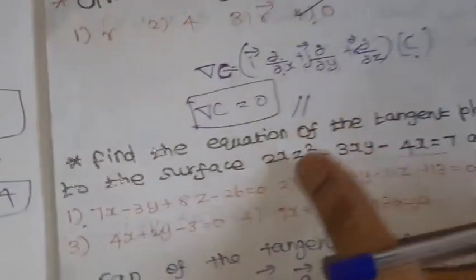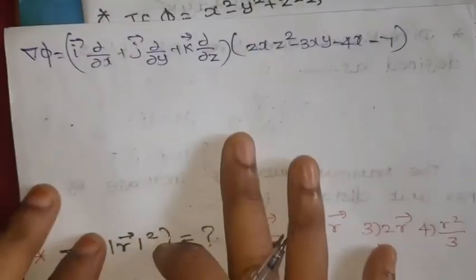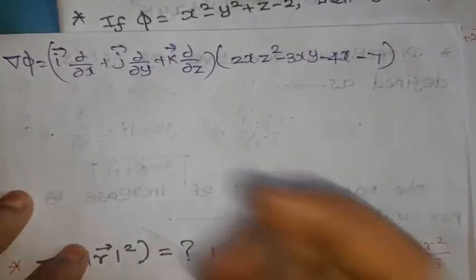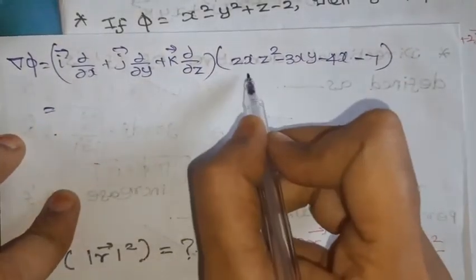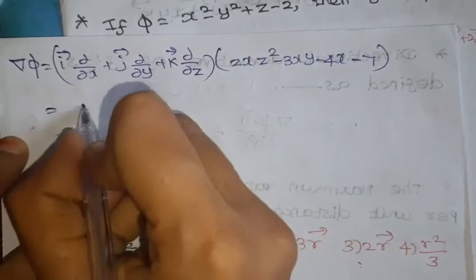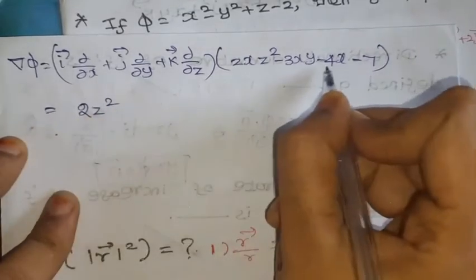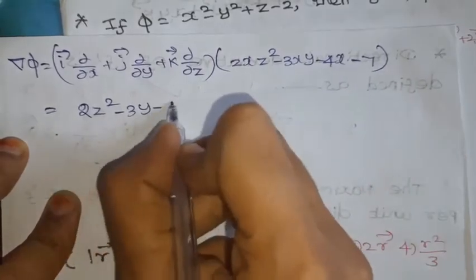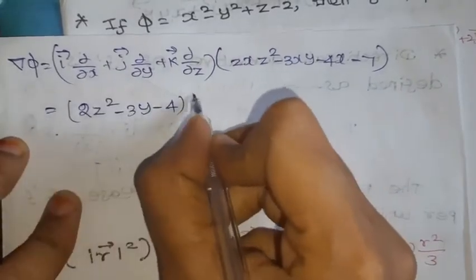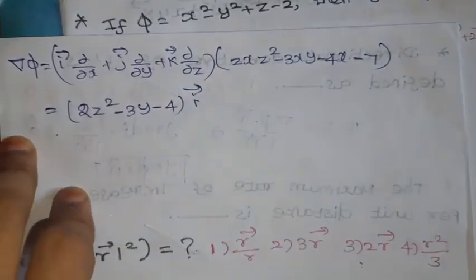So just find out the del phi value by differentiating with respect to x: 2z squared minus 3y minus 4 into i vector, right?